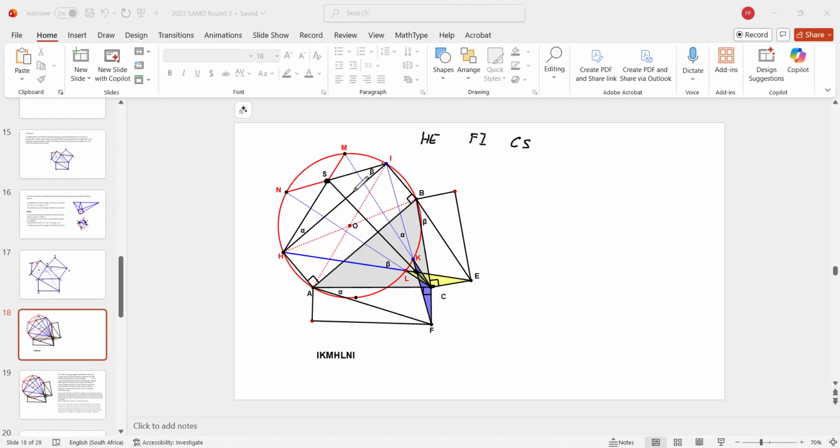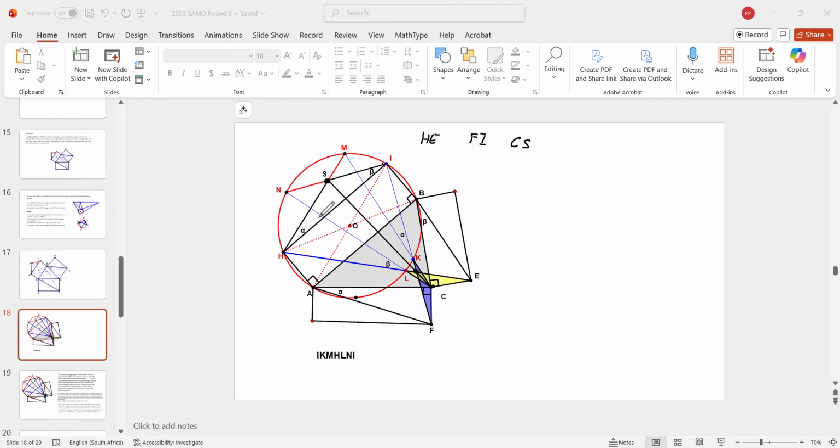And as far as C and S are concerned, C is 1 point on 2 rectangles, and S is not even on any rectangle. So this H and I seem to feature as points on the circle.